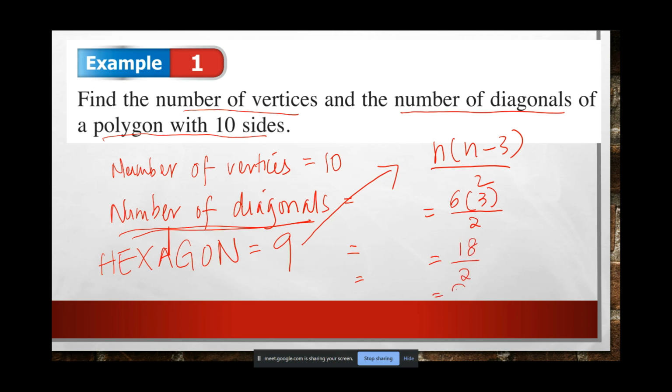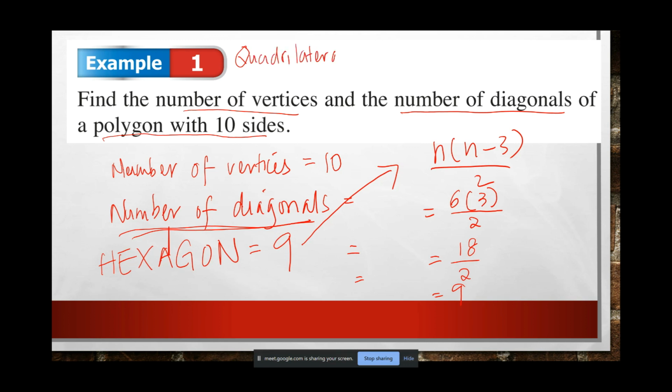Now if I ask you a simple question, how many diagonals does a quadrilateral have? 2. Very good. Can you name me some of the quadrilaterals that you have learned? There are many types of quadrilateral, right? Yes, Habib, very good. Square. What else?